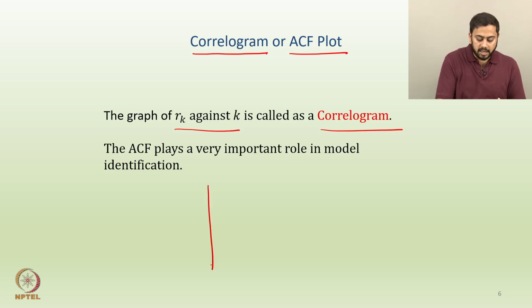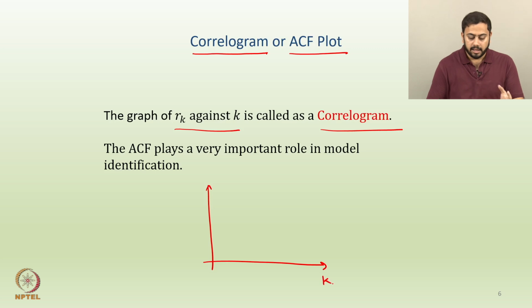So just to give you some idea of how such a plot would look, let's say on the x axis you will have k, where k is the lag, and on the y axis you will plot the corresponding correlations. So k versus rk, and upon looking at the structure of such a plot, which is the correlogram or the ACF plot, one can identify the underlying time series model easily.